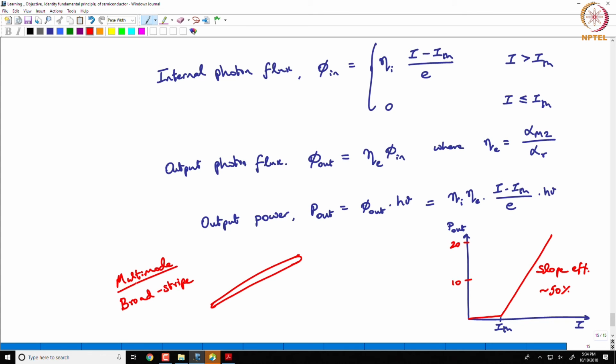The laser that I have has 12 emitters, each one of them emitting 10 watts of power.